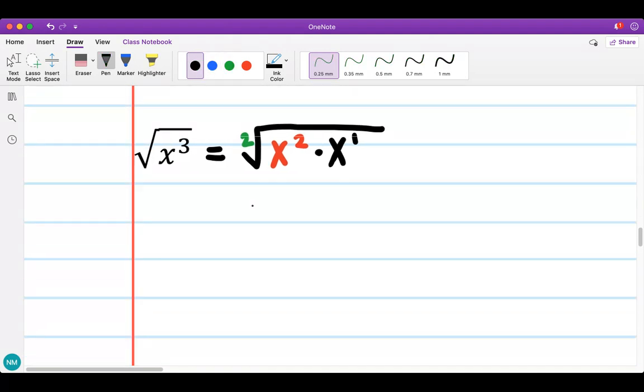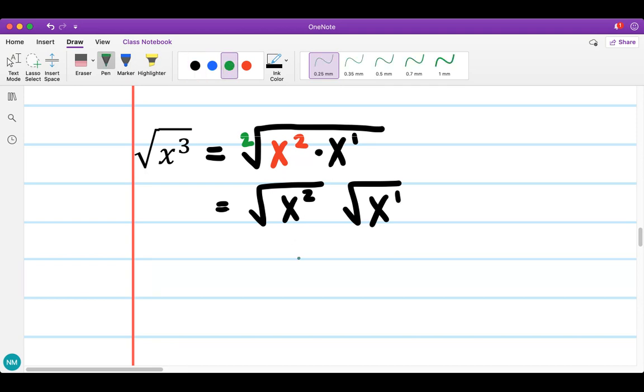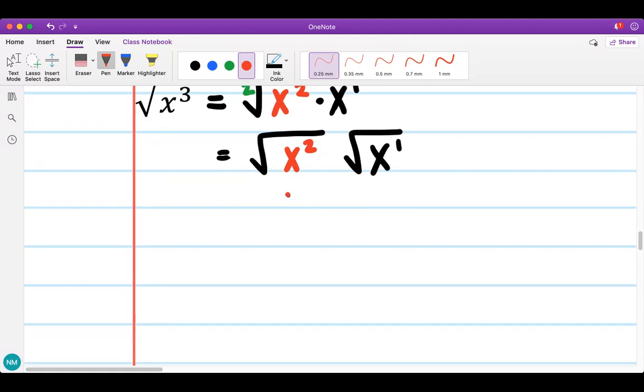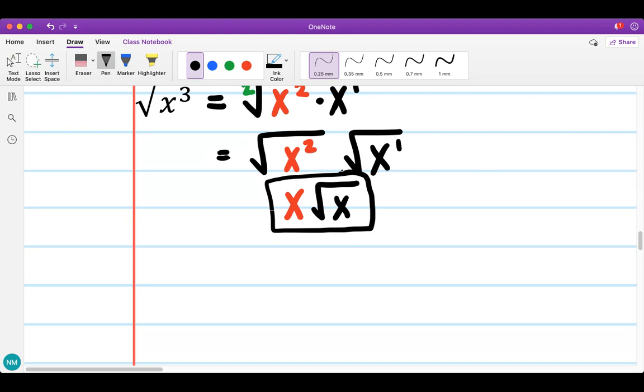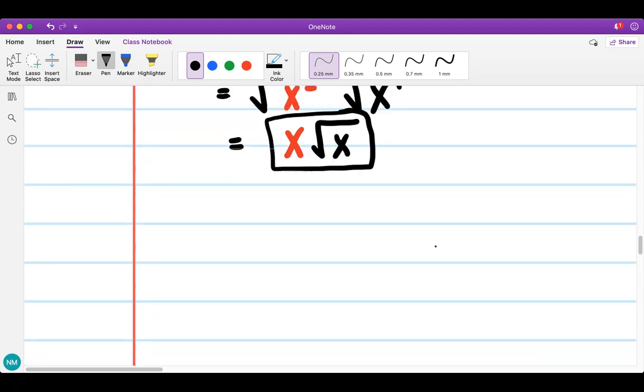So when I split this up into x squared and x to the first, the square root of x squared is what? X to the first. And then this, I cannot simplify any further, and I keep it as x. So I have x root x. Let's try another one.